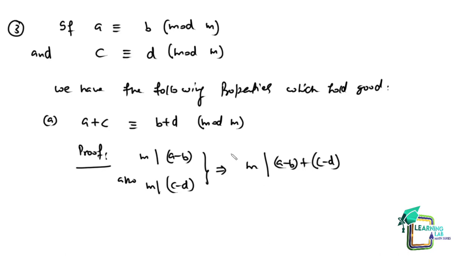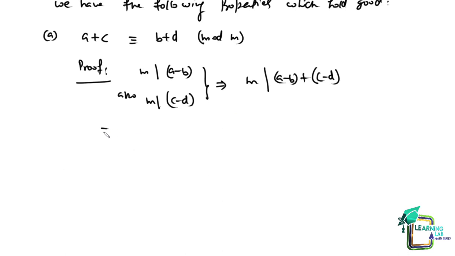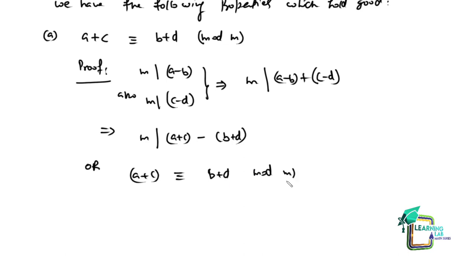We can rewrite this as M divides A plus C minus B plus D, which can be rewritten as A plus C is congruent to B plus D mod M, right?